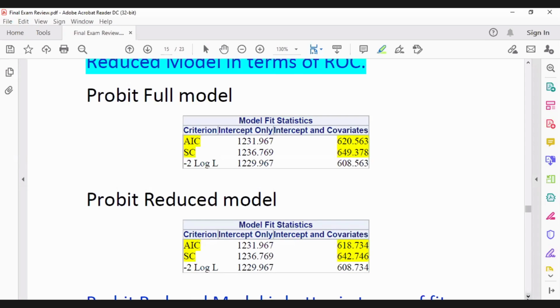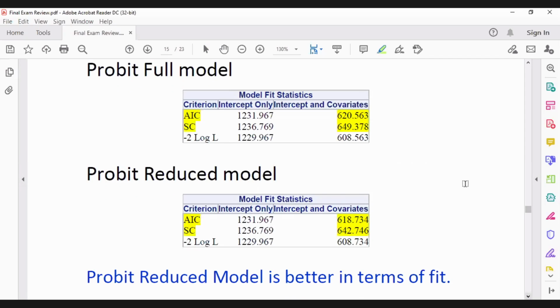So in terms of goodness of fit, the reduced model is showing a better goodness of fit for y, or probability of y equal to 1, because it has the lowest Akaike, 618 against 620, and Schwartz criterion, the lowest one, 642 against 649.